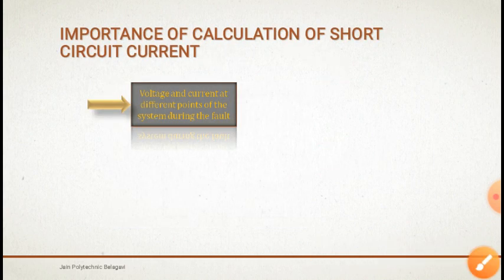So why should we calculate this short circuit current? It is because of 4 reasons. The first one is that the calculation of short circuit current is useful for knowing the value of voltage and current at different points of the system during the fault.